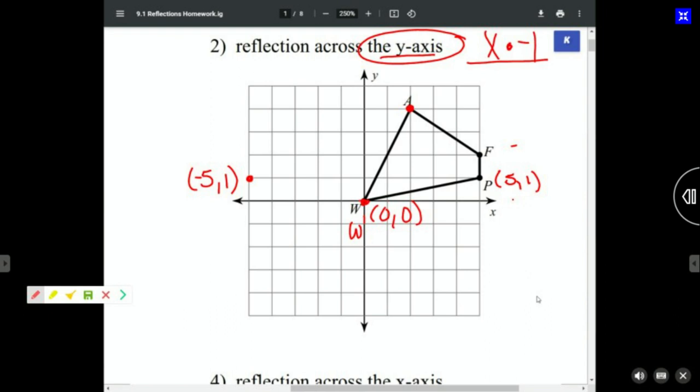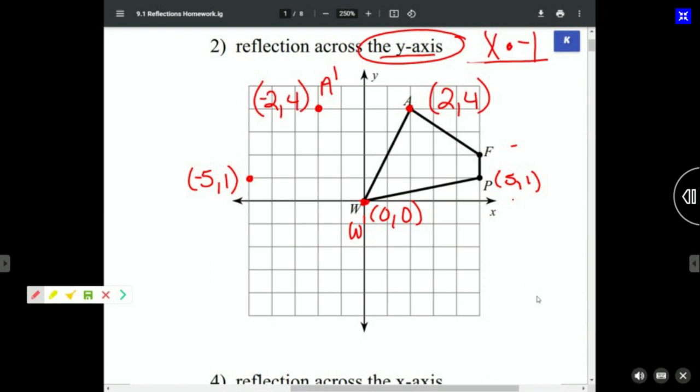Up 4, right 2. To flip it over, up 4 and left 2. Up 4, right 2 is positive 2. Sorry, that's not right. 2, positive 4, negative 2, positive 4.